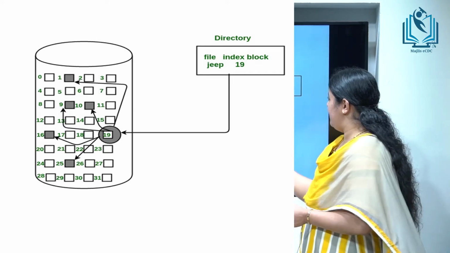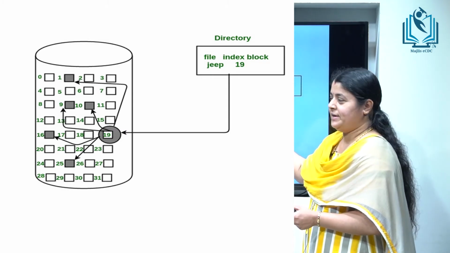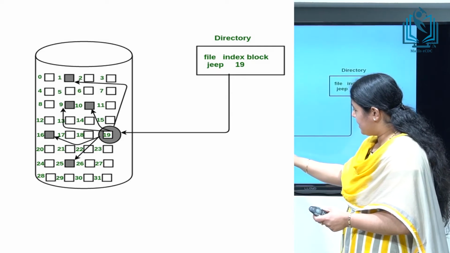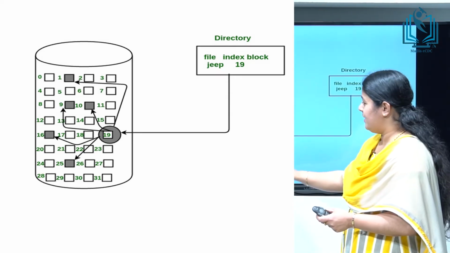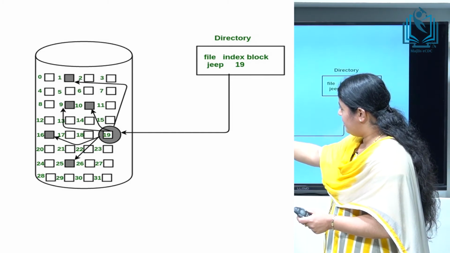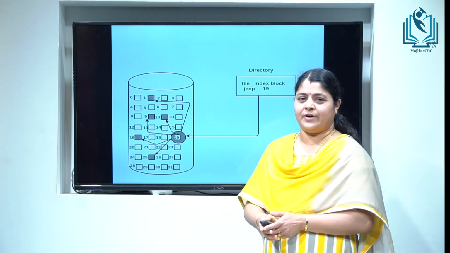In this example, for the file zip, the index block address is 19. In the disk allocation, the 19th block contains all the pointers to the blocks of the file. That is, 19 contains the pointer values 10, 1, 9, 16 and 25.